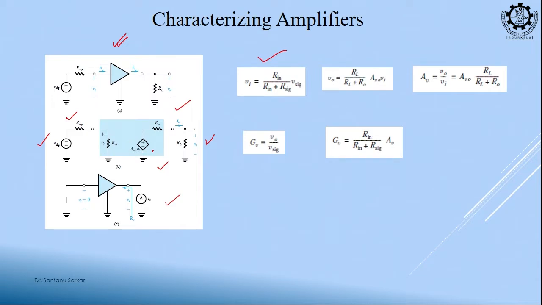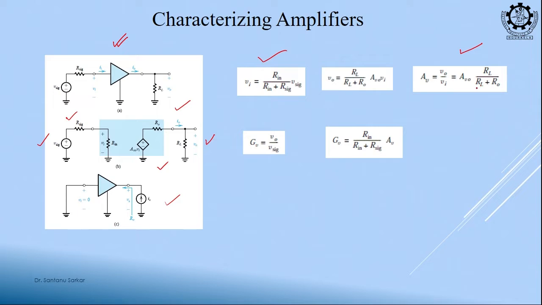This current is flowing and this is the voltage drop and this is the total resistance. Okay. So, RL into AV Vi by RL plus R0. Then what is the gain in terms of Vi? AV0 into RL by RL plus R0.